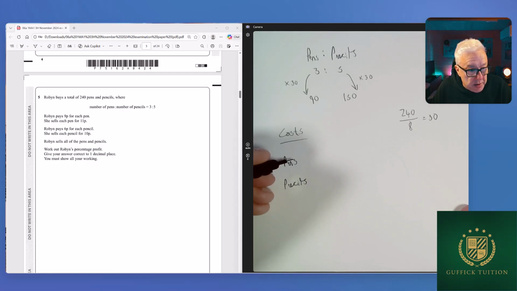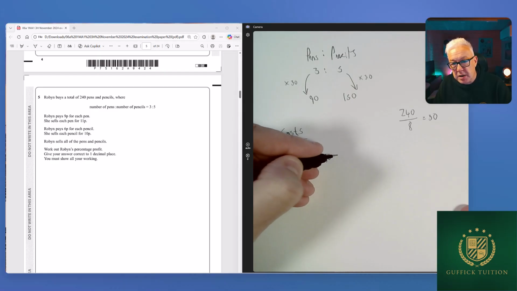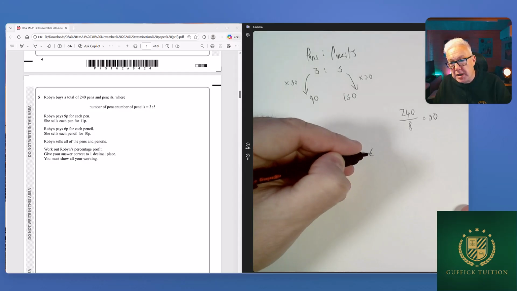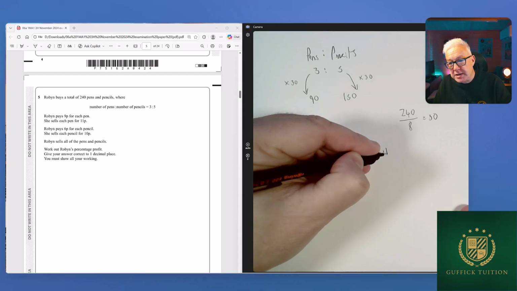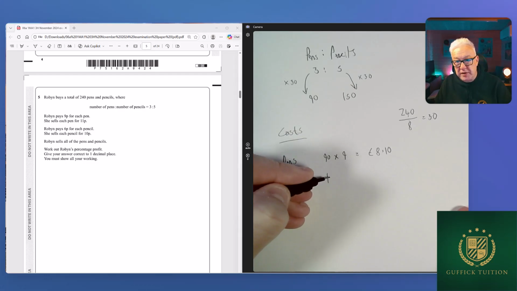So the pens, how much do the pens cost? Robin pays 9p for each pen. So the pens cost 9p each, and we've got 90 of them. So 90 pens times by 9p, 9 times 9 is 81. So that is £8.10. So £8.10 is how much Robin has paid for the pens. Now let's look at the pencils. 6p for each pencil, and there's 150 of them.